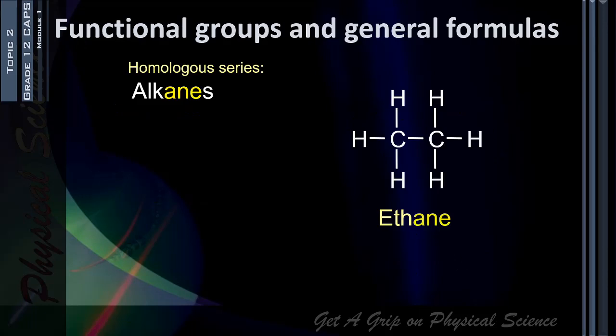Let's have a look at all the functional groups and general formulas for the homologous series included in the CAPS syllabus. The first homologous series is the alkanes. Now, with the alkanes, an example of an alkane is ethane, and you can see that the name includes the postfix ane, the ane in the name.